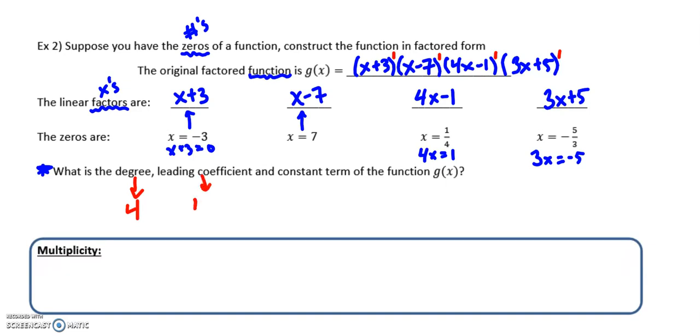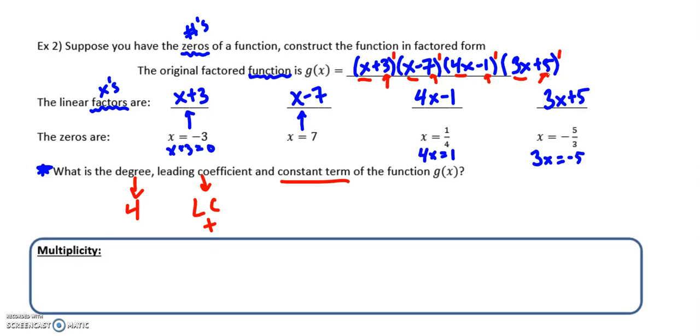Leading coefficient, again, I'm just worried about positive or negative in this case. So if I look at all of these multiplied together, they're all positives. So the leading coefficient is going to be positive. So I know that my end behavior will be up, up. And lastly, for the constant term, you can, in this case, just multiply together all of these values.